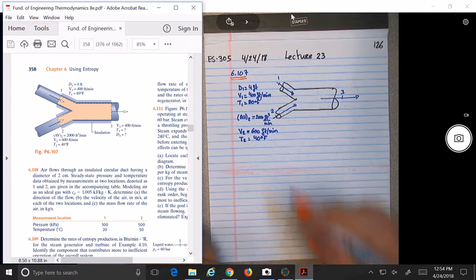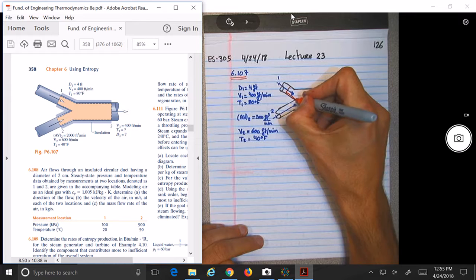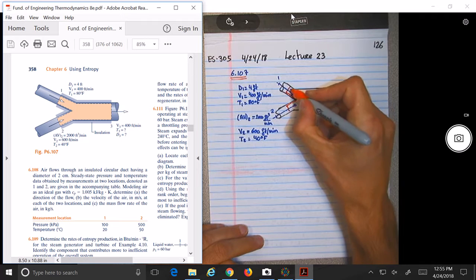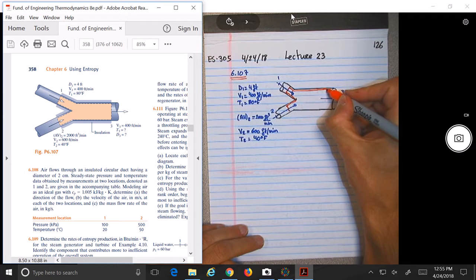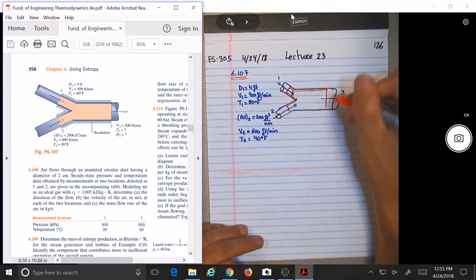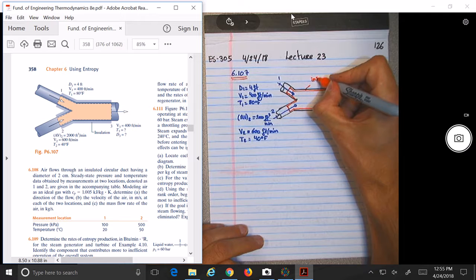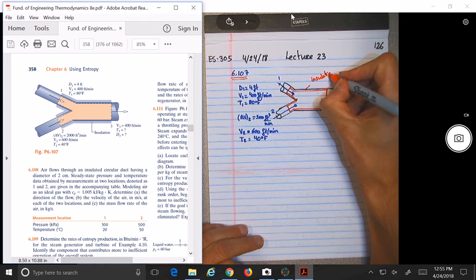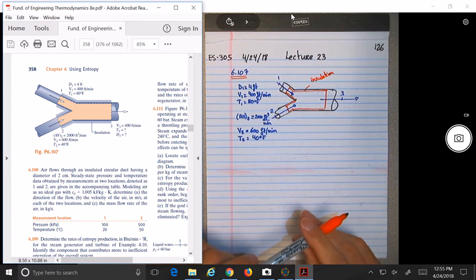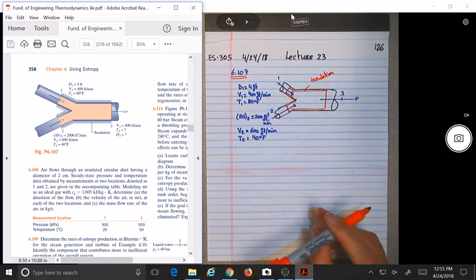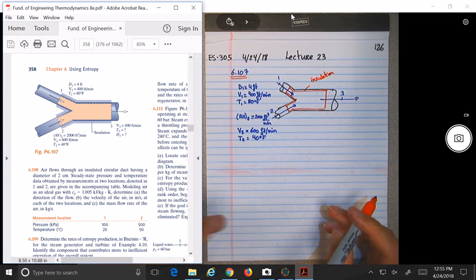Okay, in this section right here, they say that there is insulation. So what do you think it is?